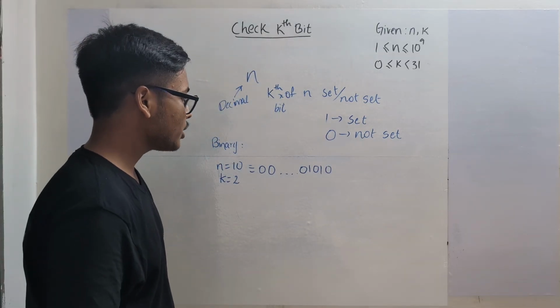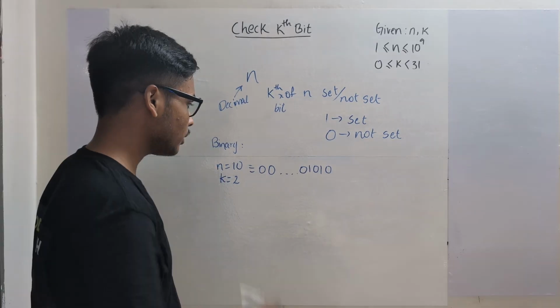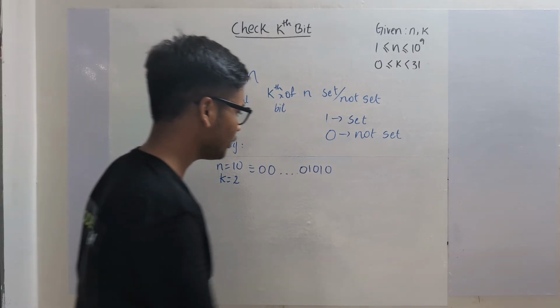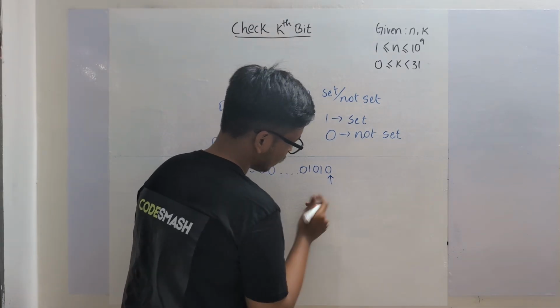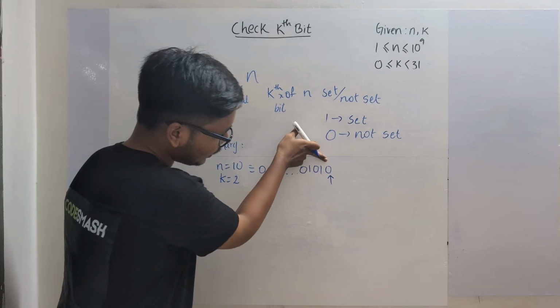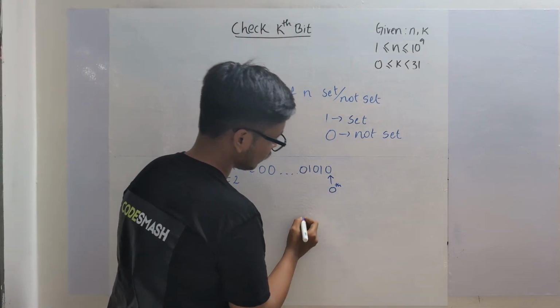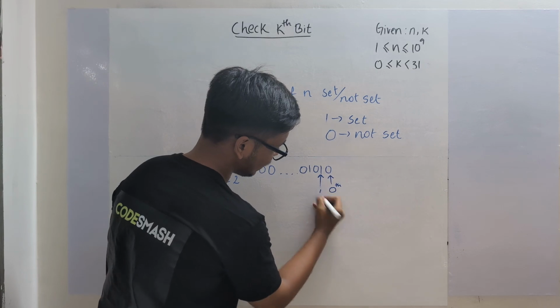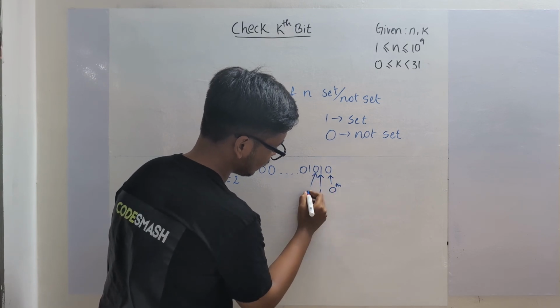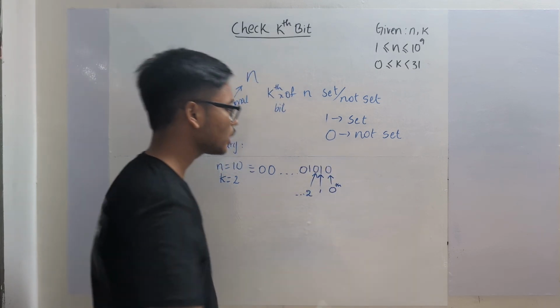As we are following 0 based indexing and giving the 0 index to the least significant bit, the last bit, the rightmost, is the 0th index, this one is the first index, this one is the second index, and so on.